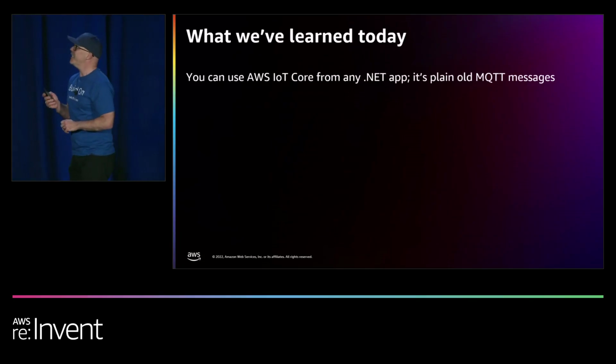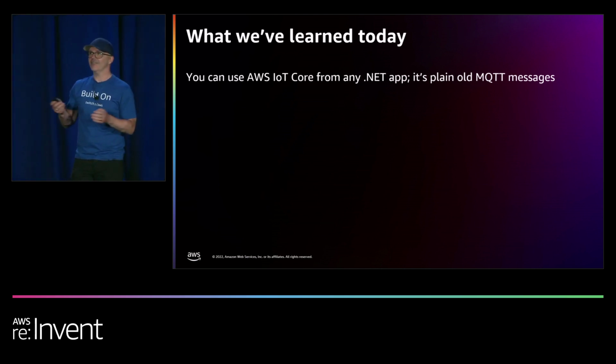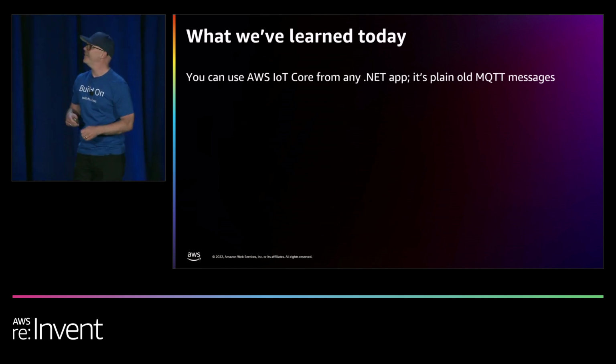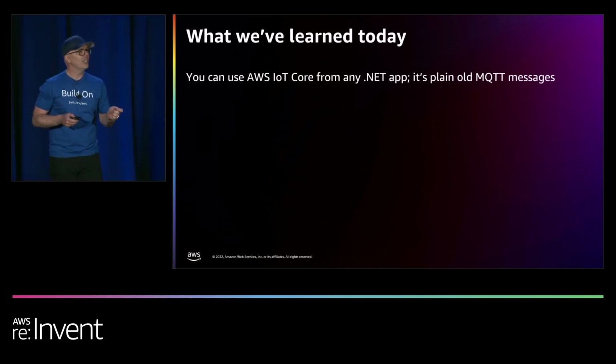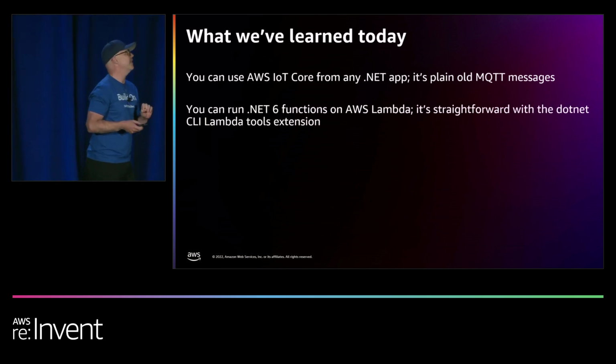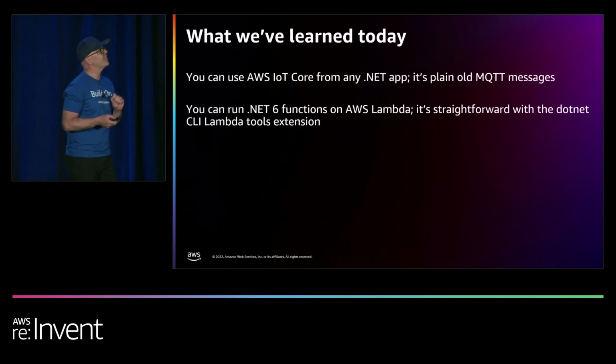Well, IoT Core in .NET with MQTT is really, really easy. We showed you the class that did it. It's just plain old MQTT. You use the MQTTnet library, job done. You can run .NET 6 functions on AWS Lambda, and it's really easy if you use the Lambda CLI tool extension.